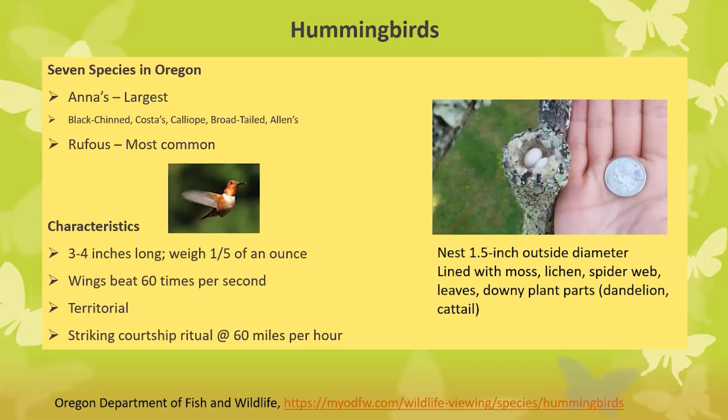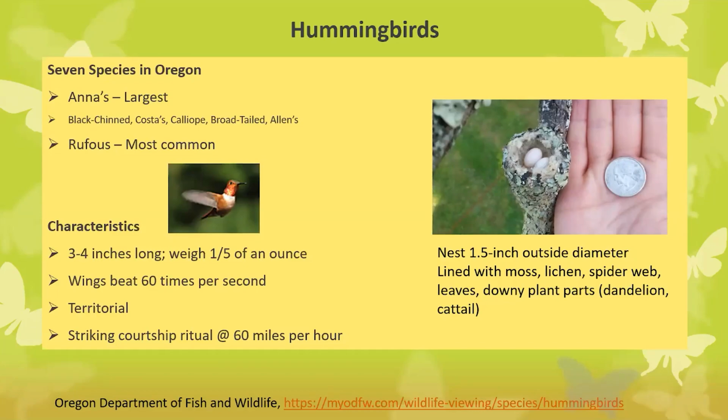Part of the reason is because they're territorial. As part of territorial display or courtship, you can see a hummingbird fly at up to 60 miles per hour. Isn't that absolutely amazing?